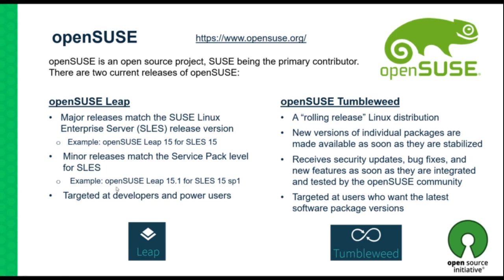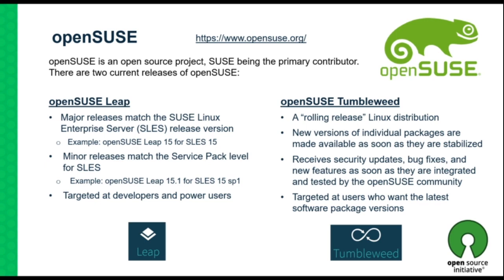This is mainly targeted for developers and power users who prefer a tested and completely stable version of SUSE. openSUSE is not meant to be used at enterprise level. Then we look at openSUSE Tumbleweed. This is more for a person who wants the latest and greatest. With Tumbleweed, we've got a rolling release Linux distribution.